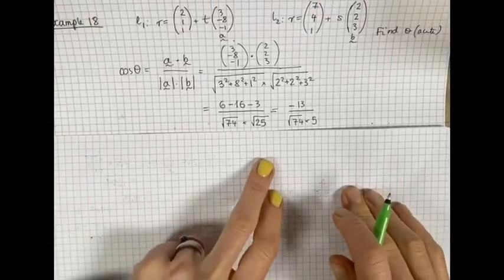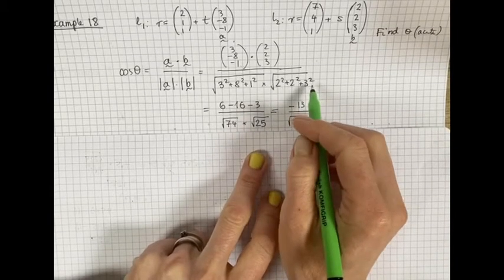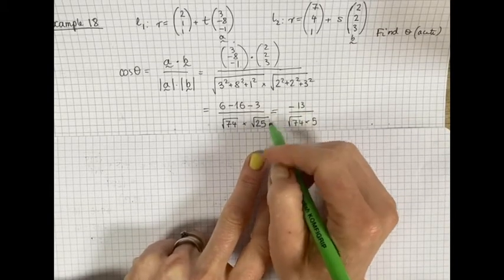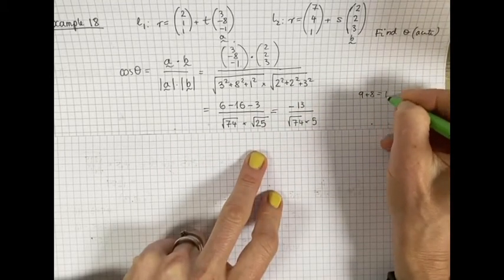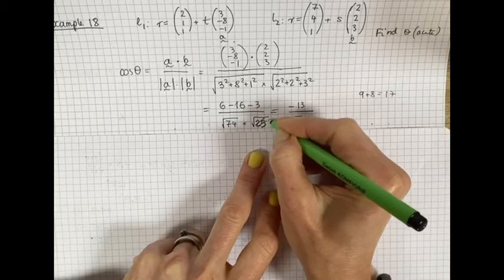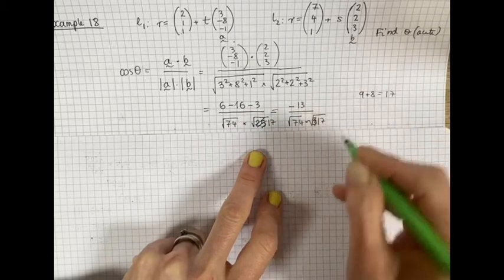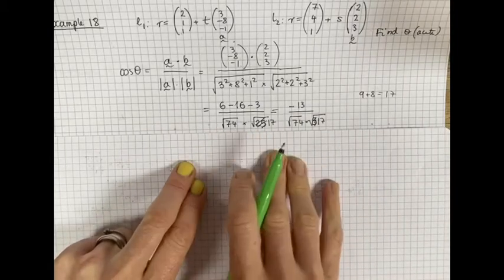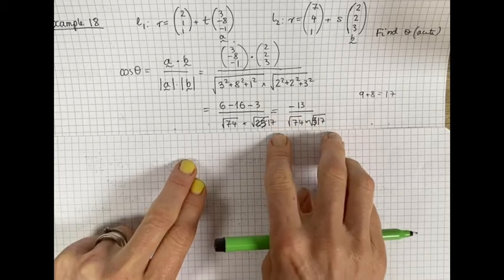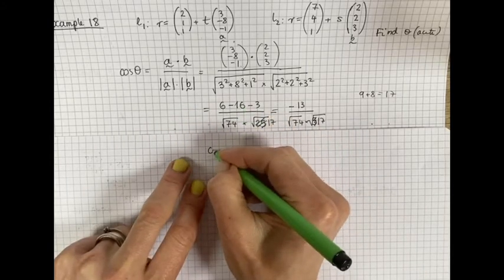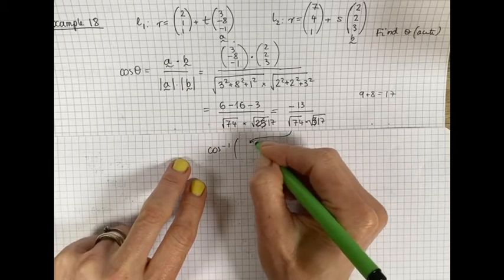Okay, I spotted the mistake. So it wasn't 25, I can't add, 9 add 8 is not 25. So 9 add 8 happens to be 17. So this one here is 17. Apologies. Now, if you did not put modulus, which turns this into a positive value, then you would have done cos inverse of that value.